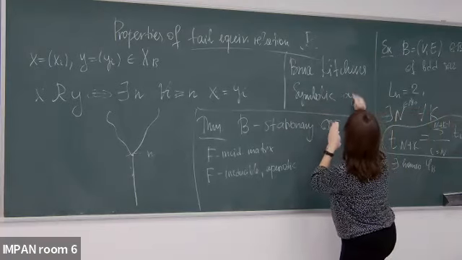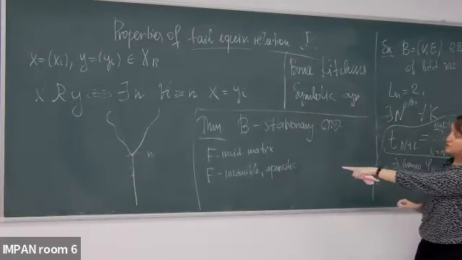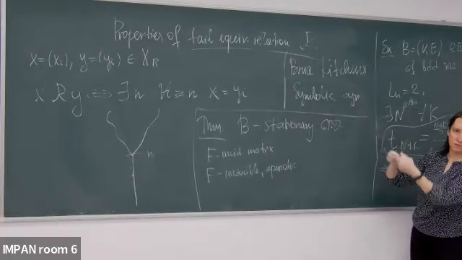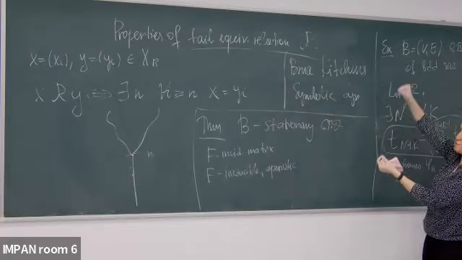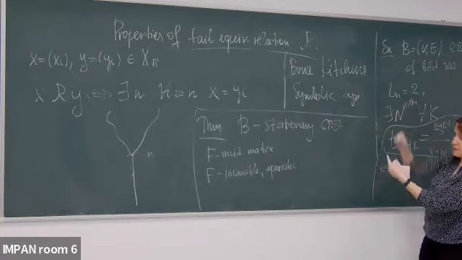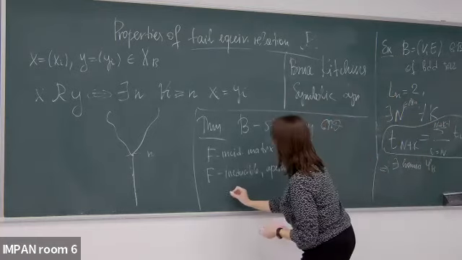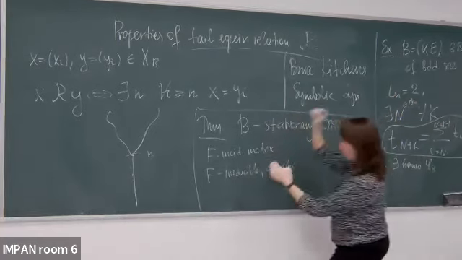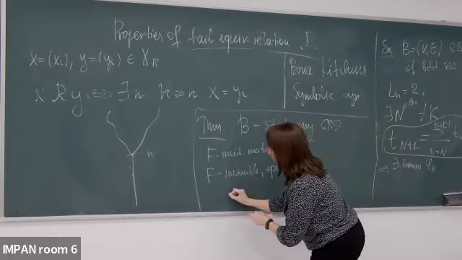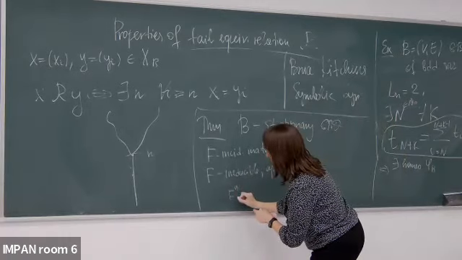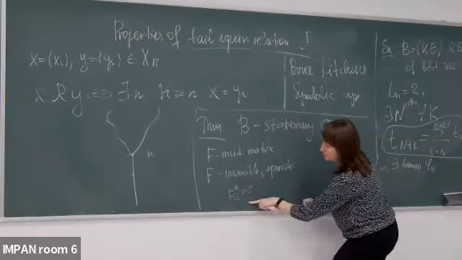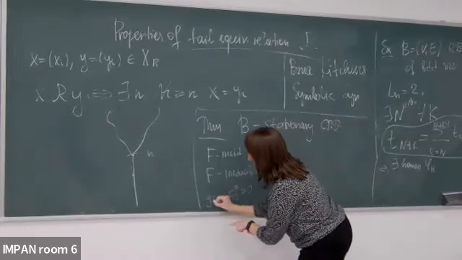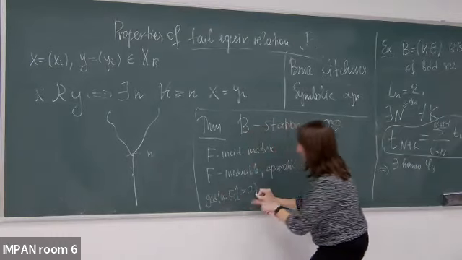So irreducible is the same as for finite matrices: for every pair i, j, there is a power of the matrix such that the element ij is not zero. And aperiodic means that we can take all possible n such that f^n_ii is positive, and then take the greatest common divisor of such n.